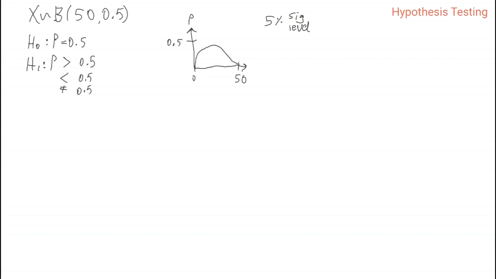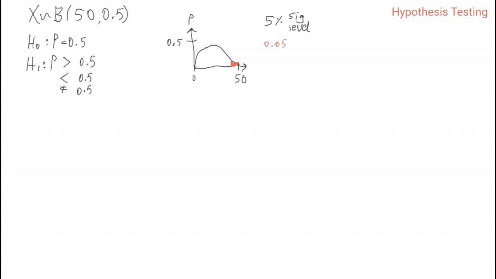But in a visual way, let's draw this on for a 5% significance level. If it's greater than 0.5, you'd expect more. So you'd go to this side, the upper tail, I'll shade in red up here, and there'd be a shaded area here where, because it's 5%, the sum of all the probabilities would have to be 0.05.